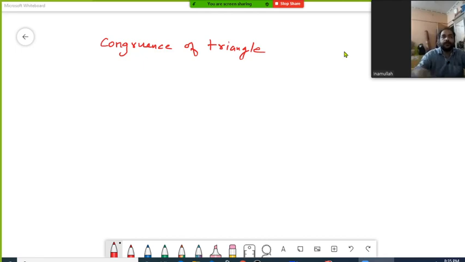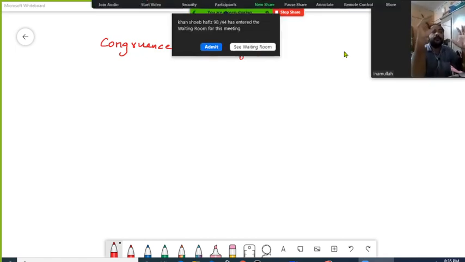So if you see, a cricket ball is very small in size as compared to a football. But if you see the shape of those two balls, both are spherical in shape.